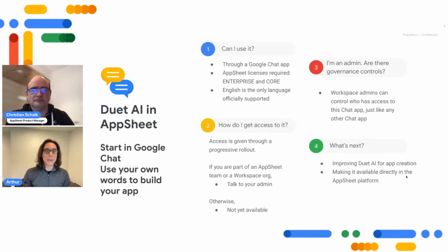Because Duet AI in AppSheet for app creation is available through a Google Chat app, it's just like any other chat app. As a result, the workspace admin will be able to control who has access to this particular chat app, or to any of the chat apps, right? So if you're aware of this, you can ask us, and we will roll it out, and then you can decide who gets access to it if you want to restrict it.